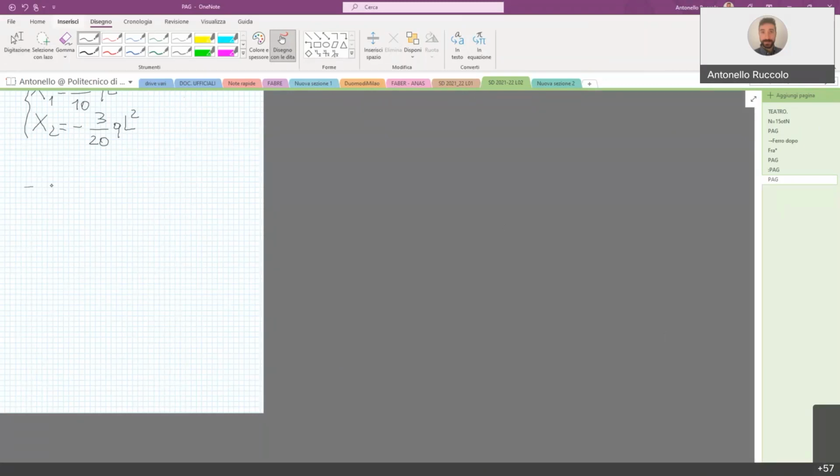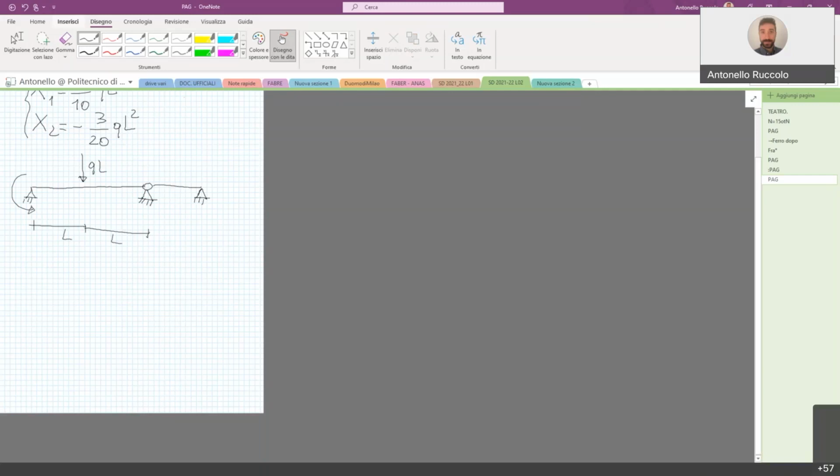We have the beam with QL applied in the midspan.